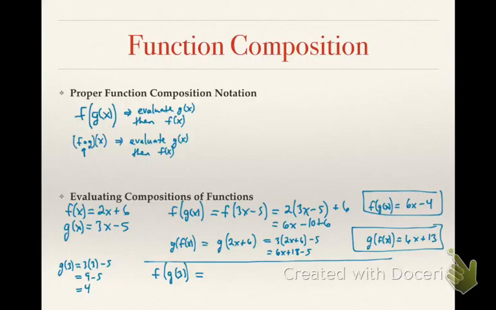So this g of 3 is equivalent to 4, so I'm really evaluating f at 4. So I do 2 times 4 plus 6, 8 plus 6, which is 14. So then I say f of g of 3 is equal to 14.